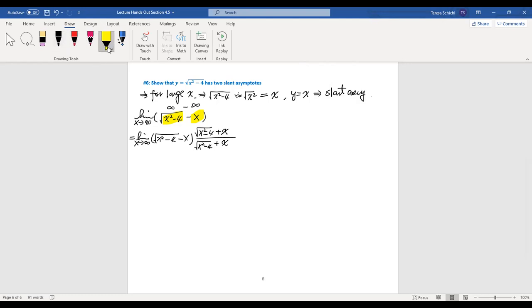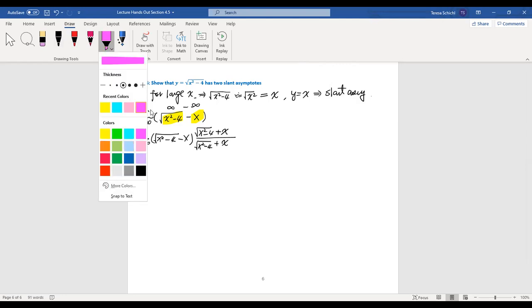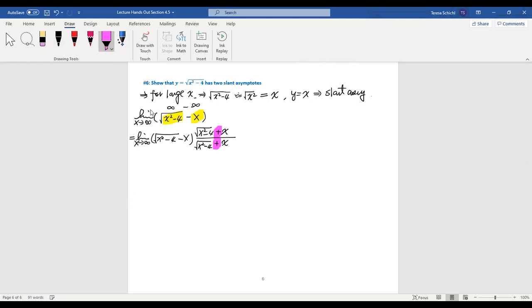Remember, that's the technique we use if we have a square root. After you multiply by the conjugate, this is the limit as x approaches infinity, and this is x squared minus 4, sorry, minus x squared, so the numerator is negative 4, over the square root of x squared minus 4 plus x.